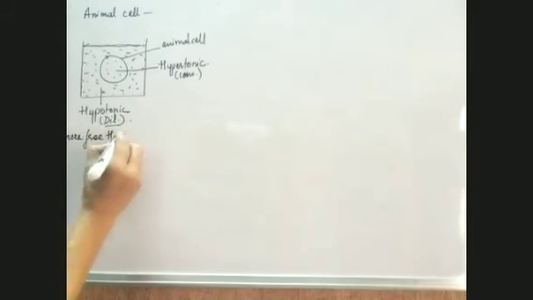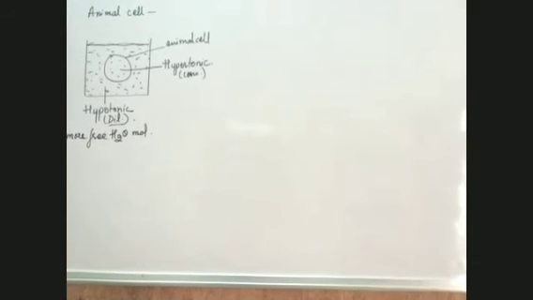Yes, yes. See, when I'm saying that this solution is hypotonic, that means the solution into which this animal cell is kept, this is hypotonic, that means it is dilute. And by dilute, what do we mean? More water molecules, more free water molecules. The more of the free water molecules which can move from one place to another.